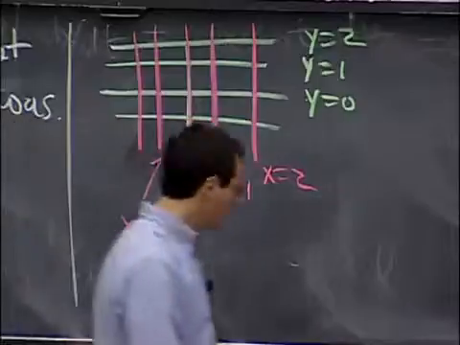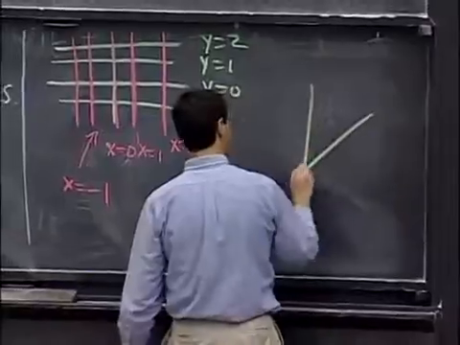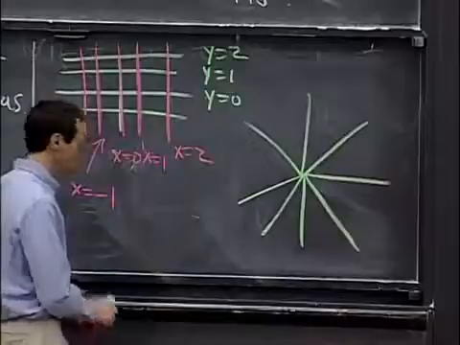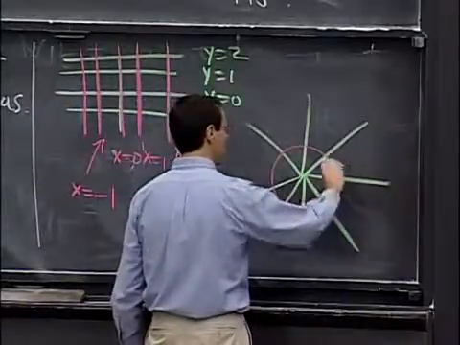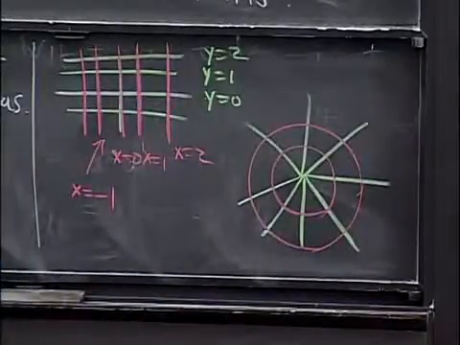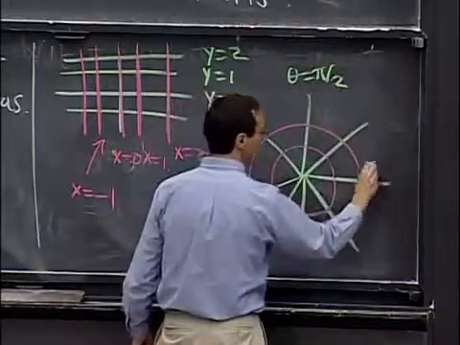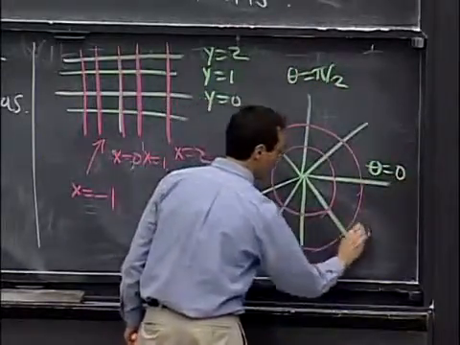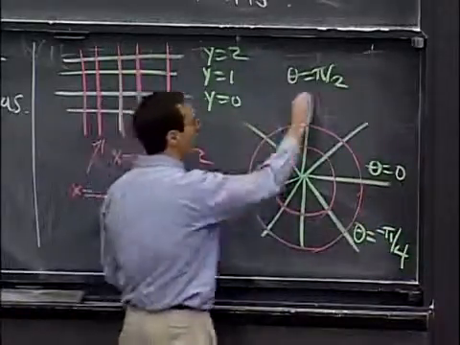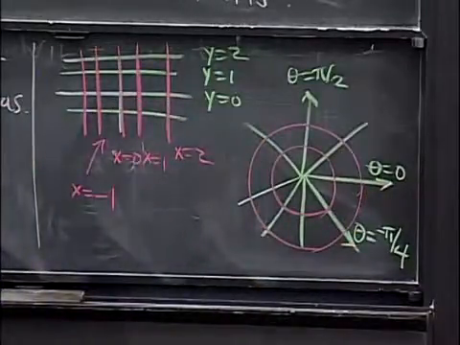And now I should draw the other coordinate system that we have, which is this guy here. Well, close enough. And these guys here, kind of this bullseye or target operation. And this one is, say, theta equals pi over 2. This is theta equals 0. This is theta equals negative pi over 4, for instance. So I've just labeled for you 3 of the rays on this diagram.